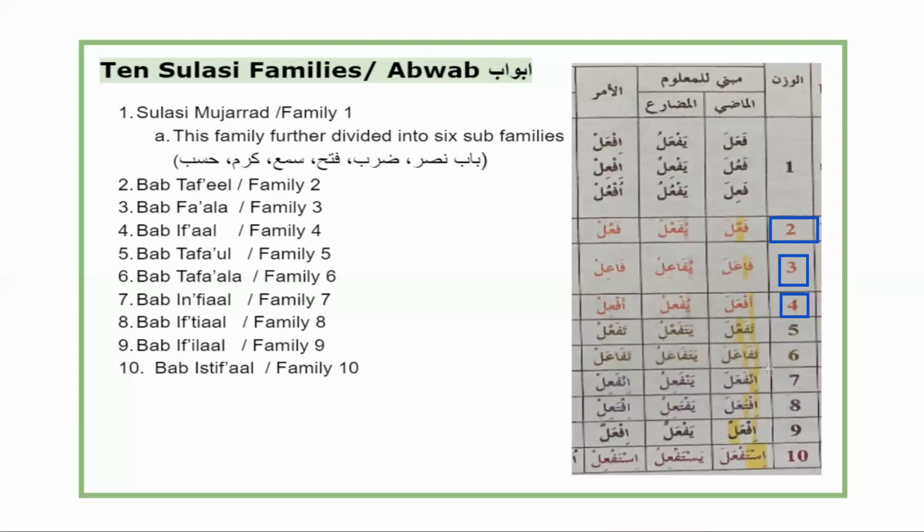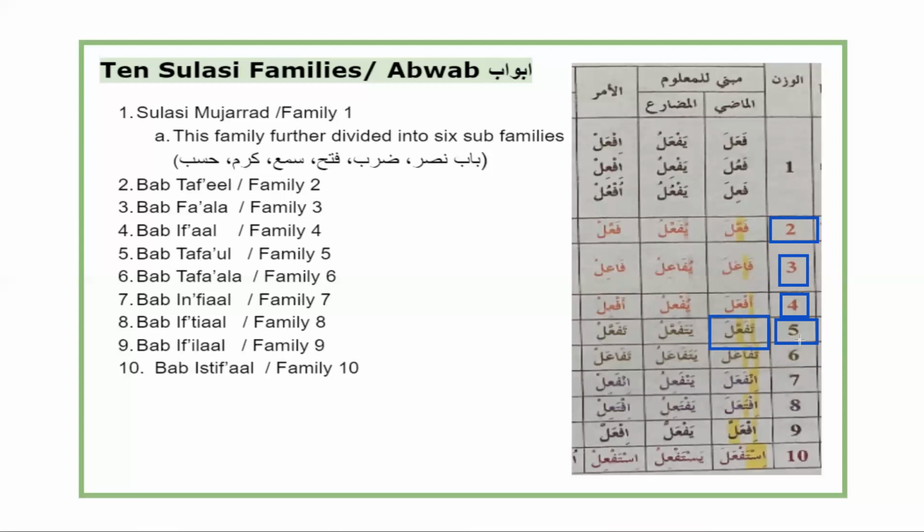In the 5th family, the one we are going to do today, inshallah, there is an extra letter ta coming from the family, and the Ain Kalma is doubled. Tafa'ala.